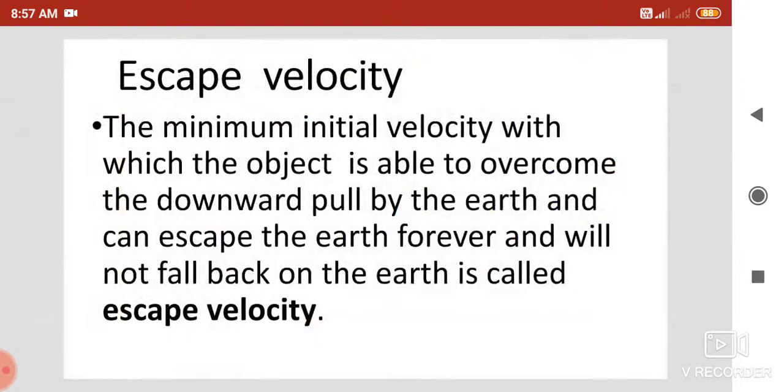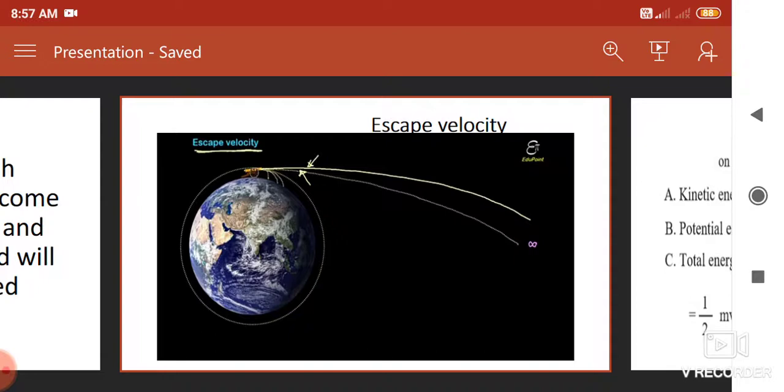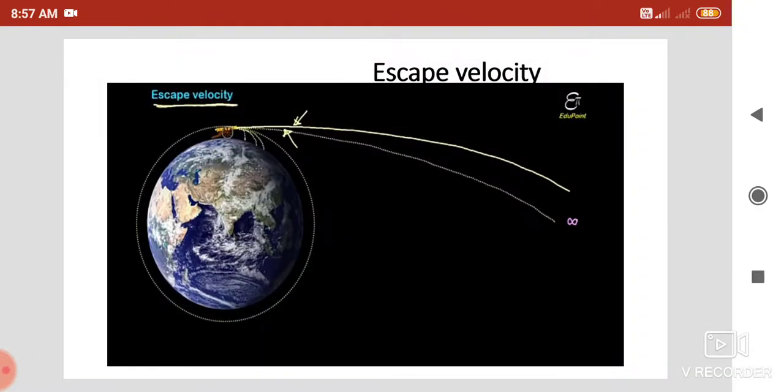Now let us see about the escape velocity. In the figure, suppose the object is thrown away from the surface of the earth. When we give a sufficient initial velocity to that object, it will reach a distance where no gravitational force acts on it, and at that distance the object is away from the gravitational force of the planet.